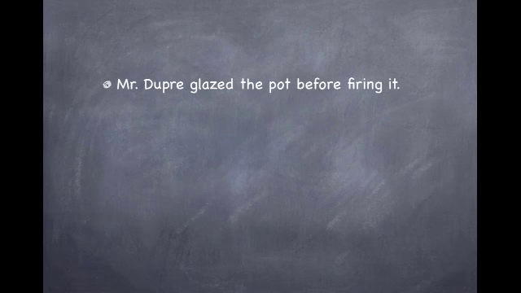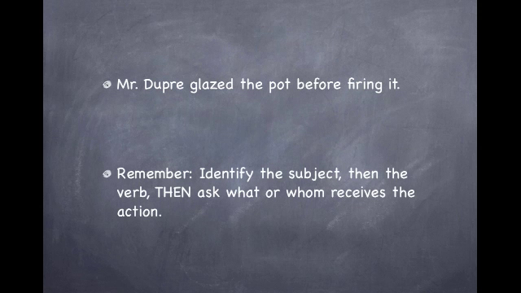Let's give it another go. Mr. Dupree glazed the pot before firing it. Remember, identify the subject, the verb, and then ask who or what or whom receives the action. So what's the subject in this sentence? Hover your finger over it. If you said Mr. Dupree, you're correct. So next we have to find the verb.